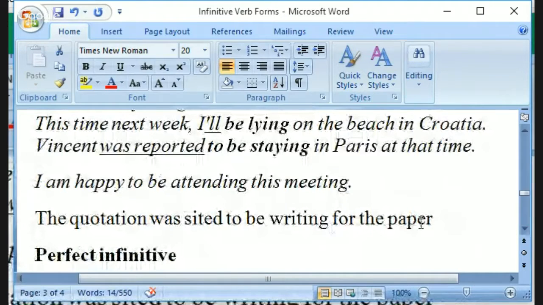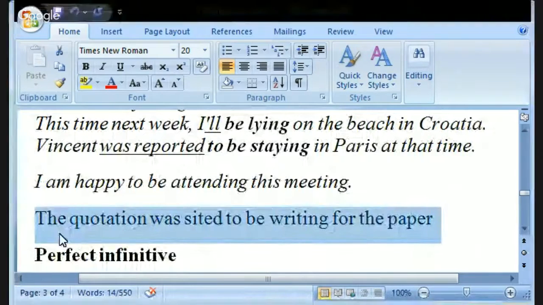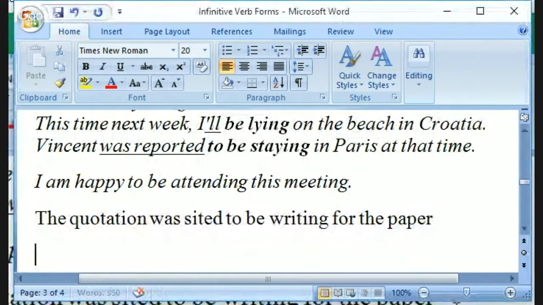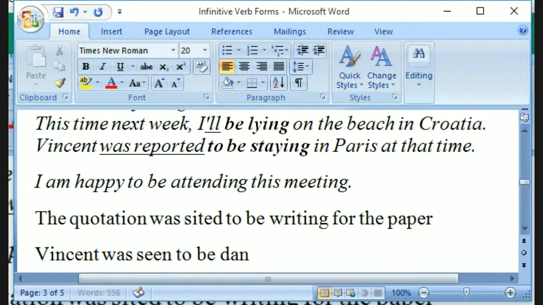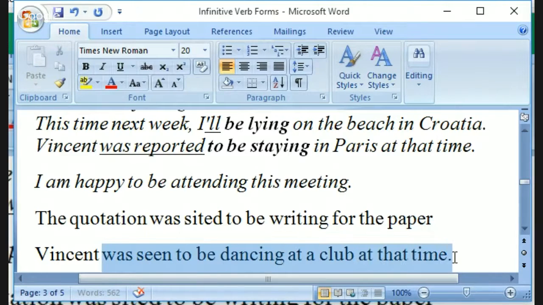Okay. Yeah. Vincent was seen to be dancing at a club at that time. There we go. Now I think we got it. Was seen to be dancing at a club at that time.